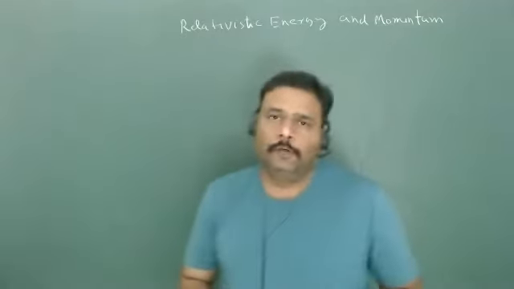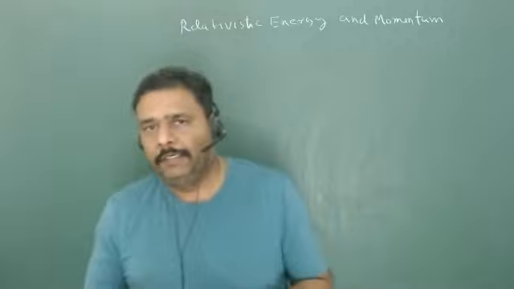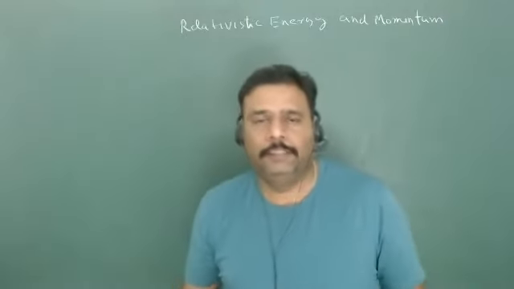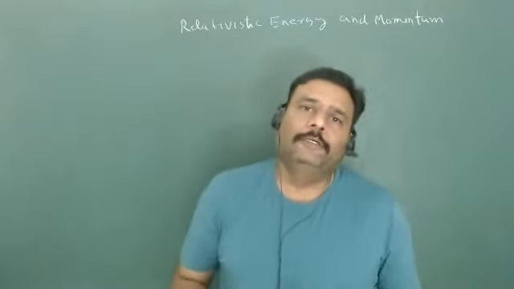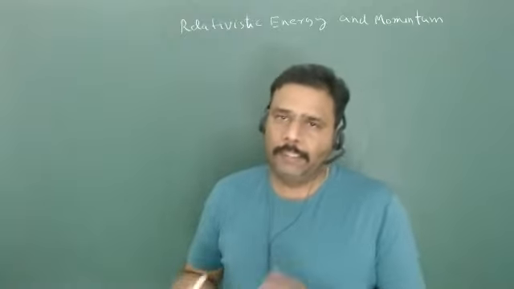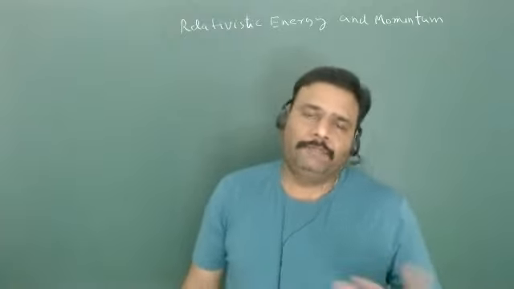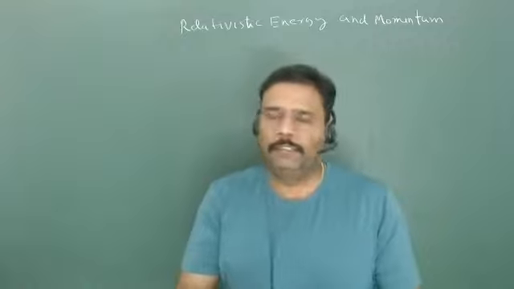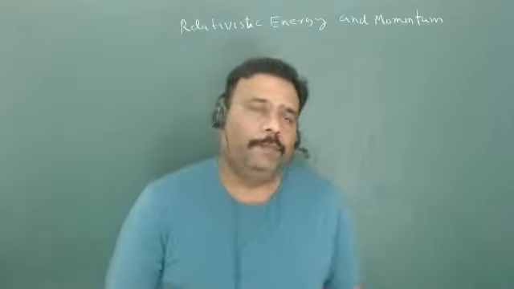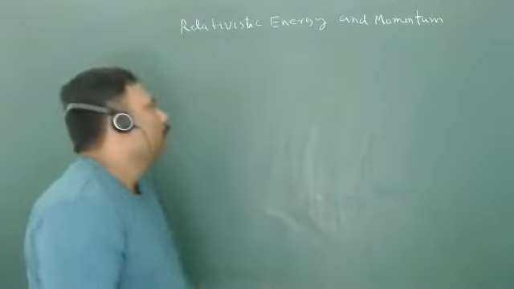Okay, so we have seen what relativistic energy is, what relativistic mass is, what the relationship between relativistic energy and mass is, and we have also defined relativistic momentum. So we have two very nice pieces of information.